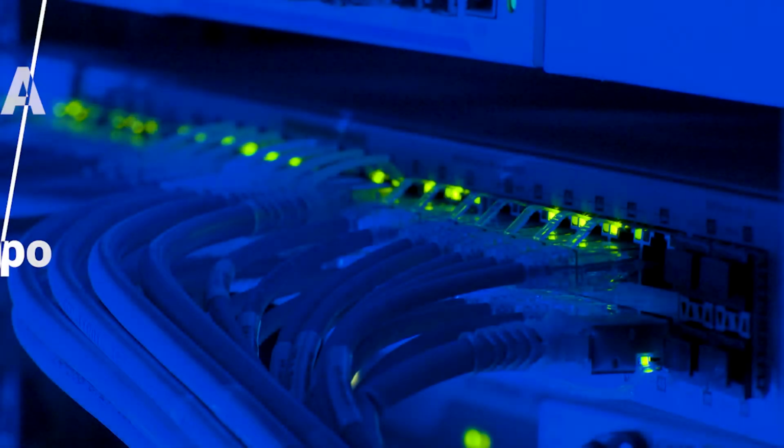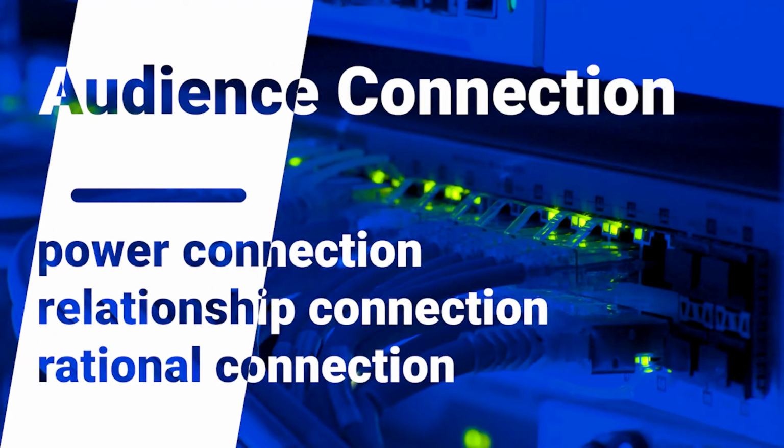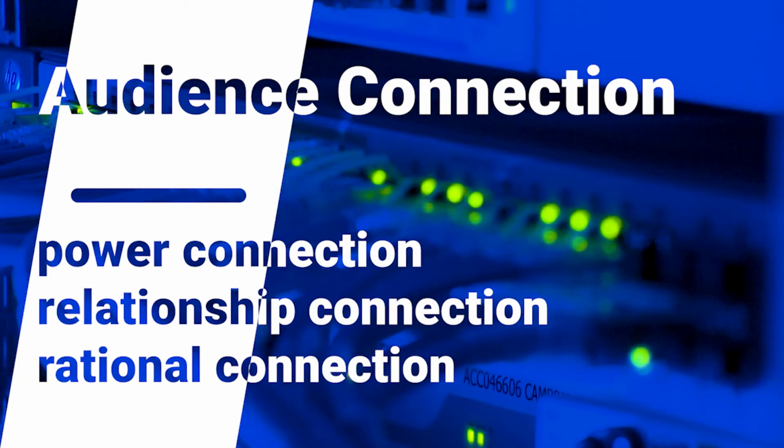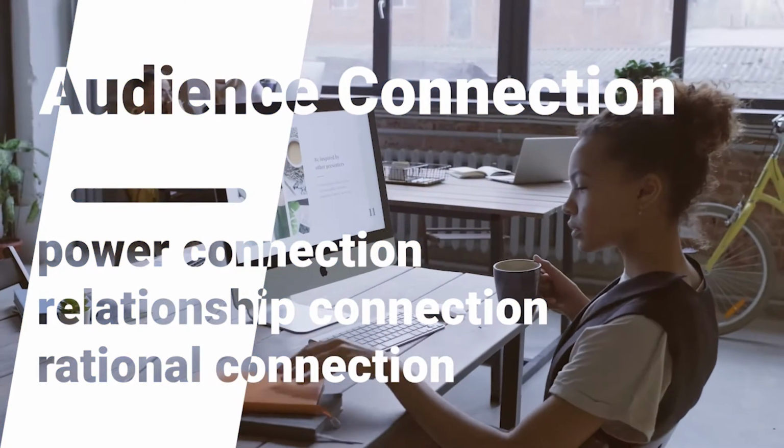Three ways of connecting with an audience. You're going to find that there is this power connection, this relationship connection, and this rational connection. Power connection is going to order readers to kind of show up. This is mandatory meetings, things that are going to have people come there and they have to be there.